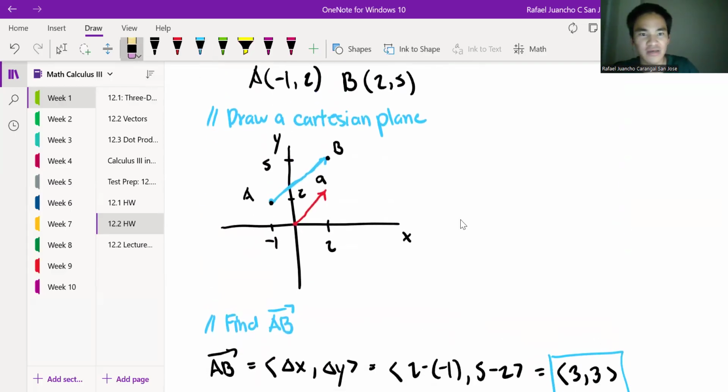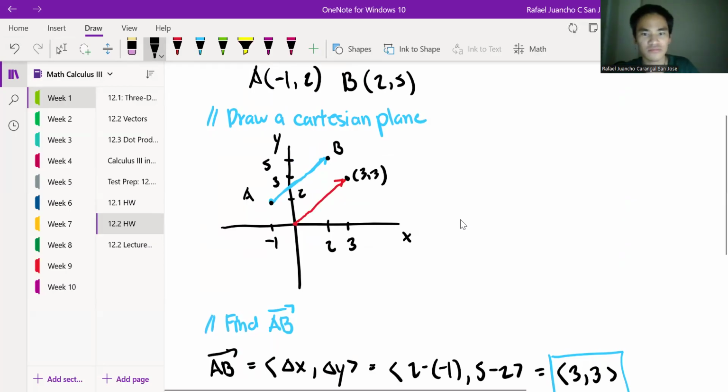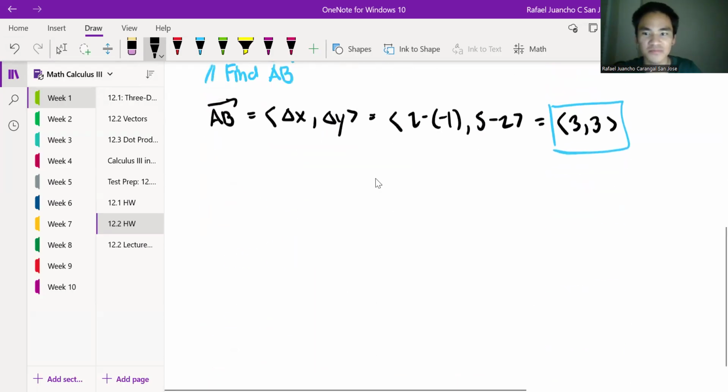And then for my position vector, it's going to be at 3, 3. So probably somewhere here. Hopefully. Yeah. And then this is my 3, 3. It has the same thing as this one.